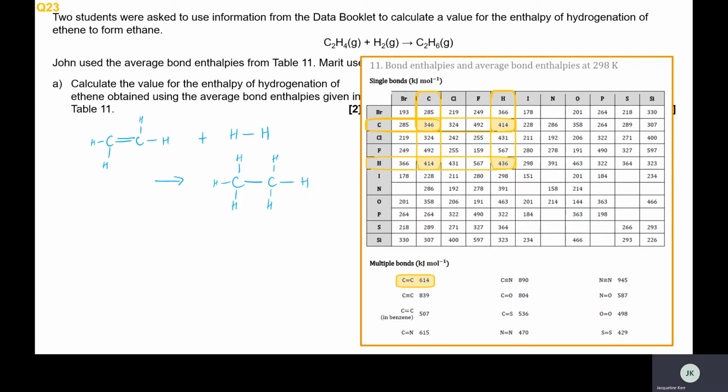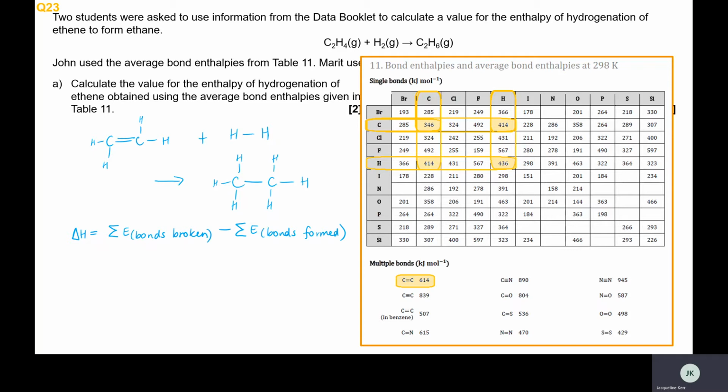Okay, so hydrogenating our ethene to make ethane. If we were looking at, again, that enthalpy change coming from the sum of the energy of the bonds broken minus the sum of the energy of the bonds formed, we should be able to calculate that for the overall reaction.